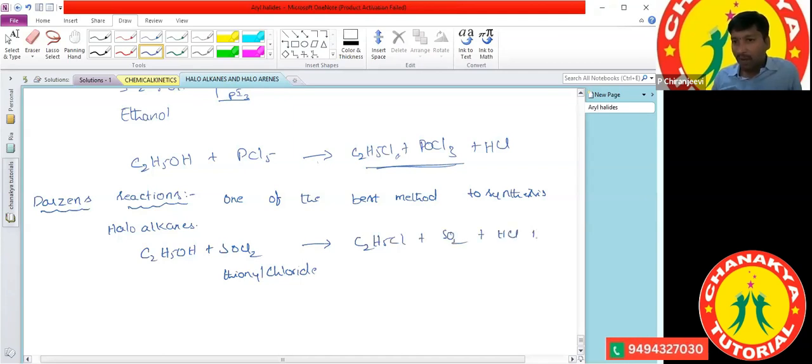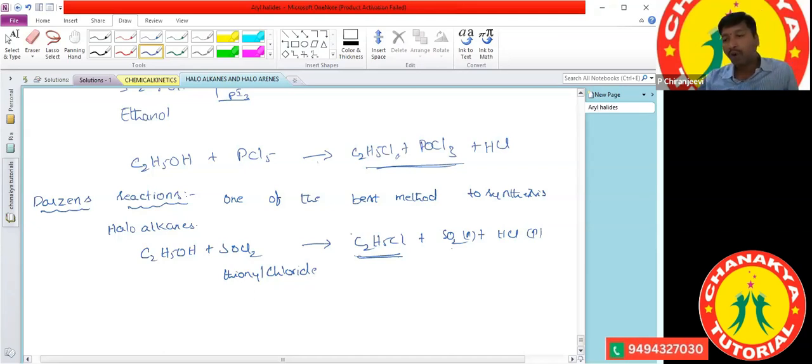HCl is a gas and sulfur dioxide is also a gas. Sulfur dioxide and HCl are both expelled into the atmospheric air. Then you will get pure alkyl halide only.